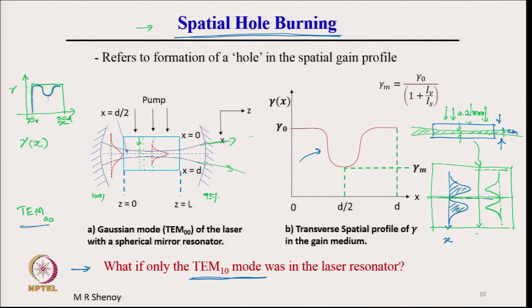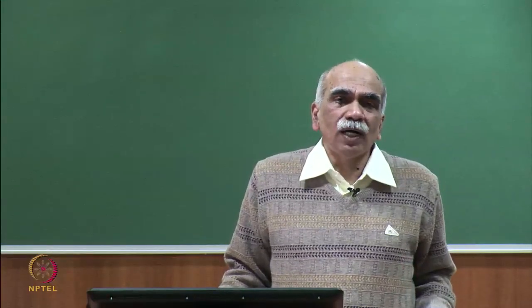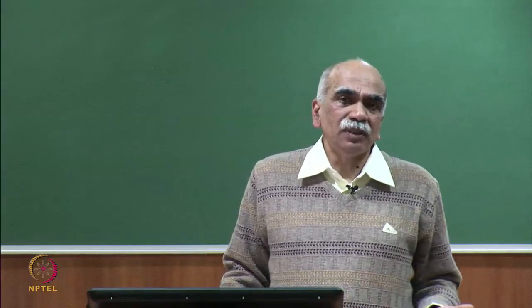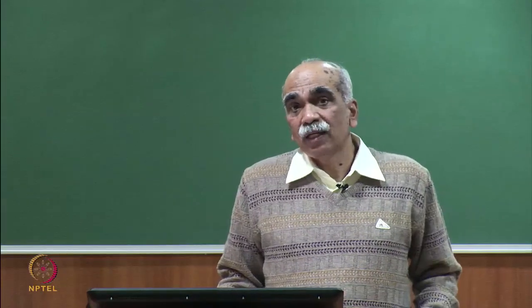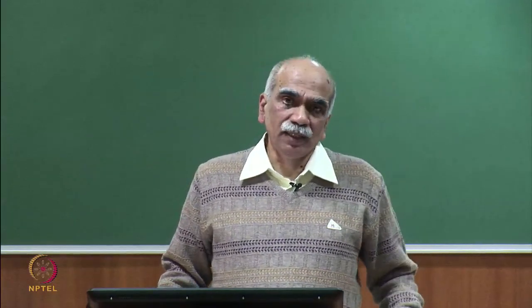What I have plotted is the transverse direction x versus the gain gamma of x. Note that there are two dips corresponding to the intensity peaks. Similarly, you can reason out the gain profiles for other modal profiles as well: TEM11, TEM20, TEM02, various profiles. What will be the profile of the spatial hole burning?